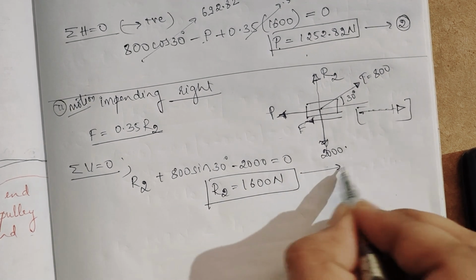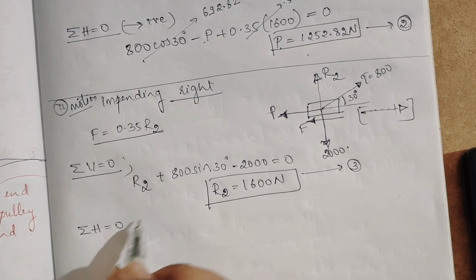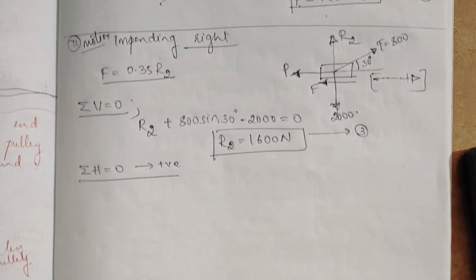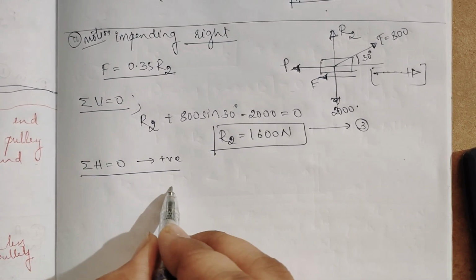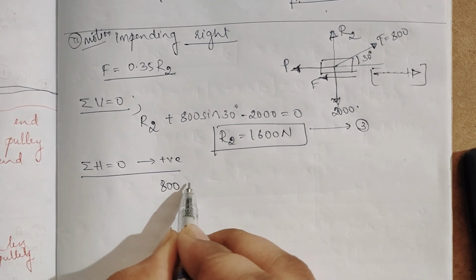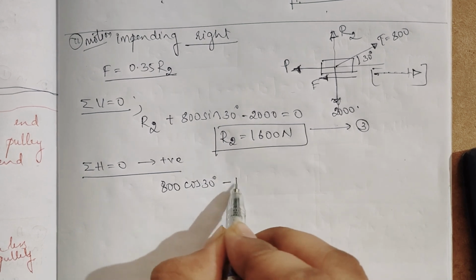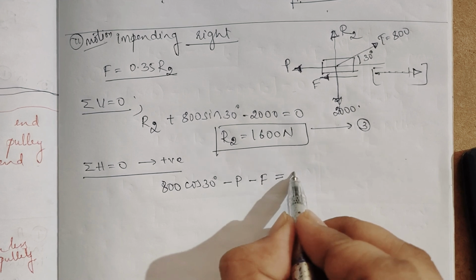I'll take this as equation number 3. Now summation of horizontal force equal to 0, taking left to right as positive. Then what are the forces left to right? There is only one force, 800 cos 30 degree, which is positive, minus P minus F is equal to 0.